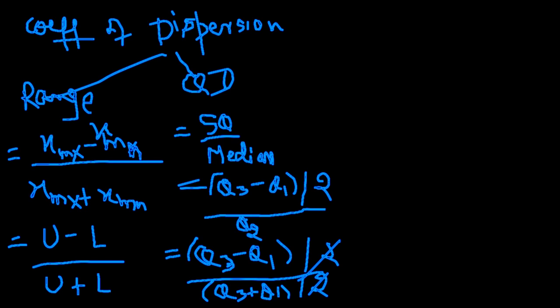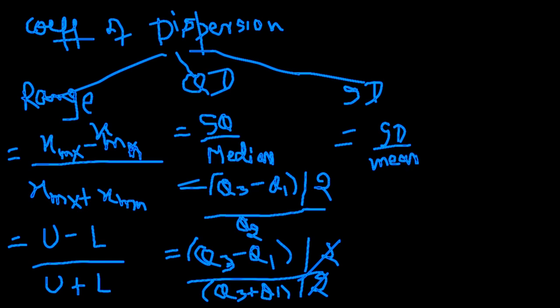Alright. Now, next is the coefficient of dispersion for the standard deviation. This is defined as your standard deviation upon mean. You must have seen it somewhere.